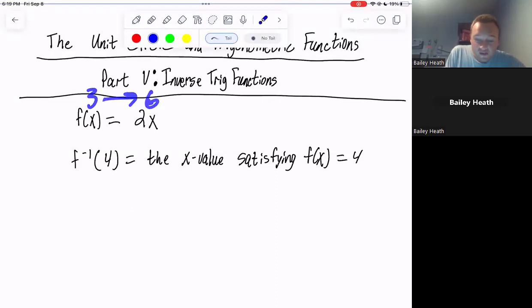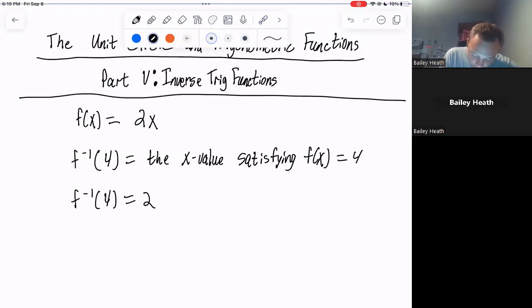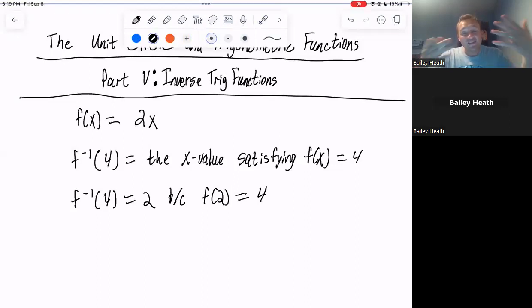What the inverse function then does is it takes 6 and it spits out 3. So you can see how they go back and forth. That's the idea. So in this particular case, f inverse of 4 is 2, because f of 2 is equal to 4. 2 is the input value that gives us the output of 4 in the original function.